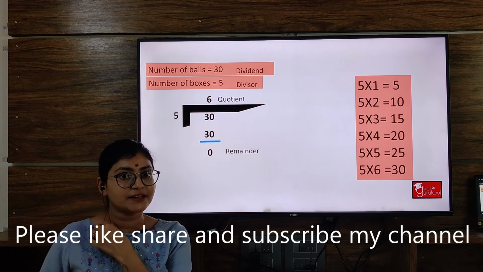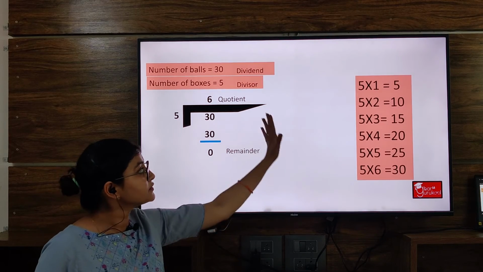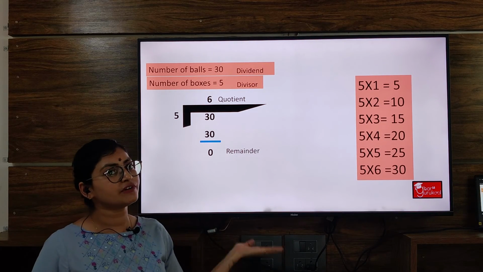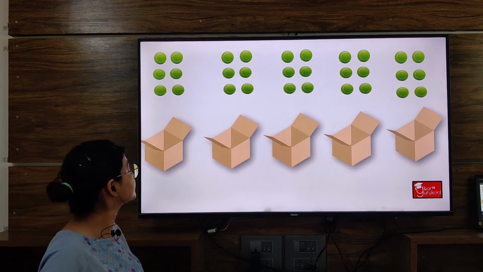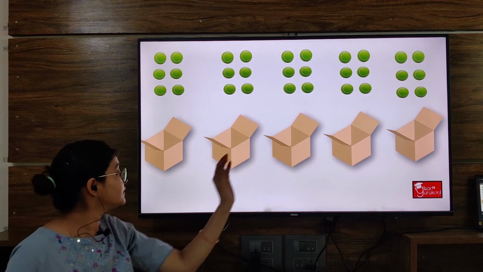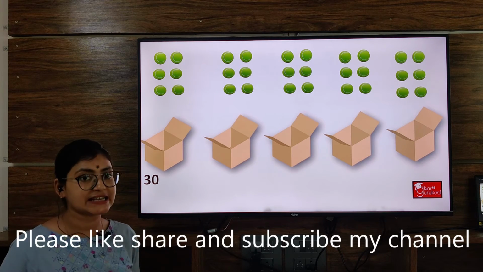Now just like the previous question, as we rechecked the solution through the repeated subtraction method, that's what we will do here as well. We had 5 boxes in all and we had 30 balls and our quotient was 6.